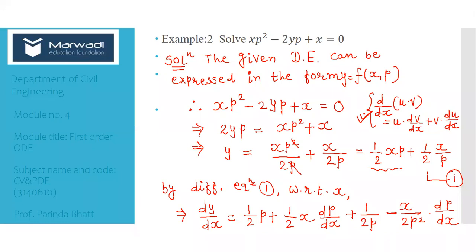Then plus 1 by 2 as it is, x differentiation is 1, divided by p as it is. Now 1 by 2 and x as it is, the differentiation of 1 by p is minus 1 by p square. Therefore, minus x upon 2p square, and the differentiation of p is dp by dx. Clear up to this step, everyone? Or any doubt?